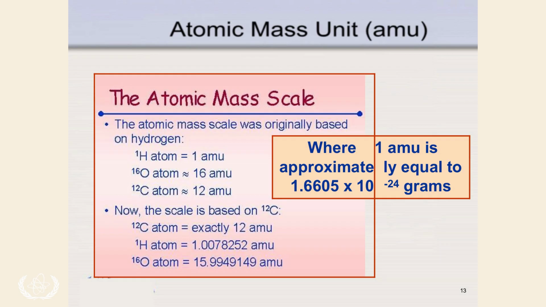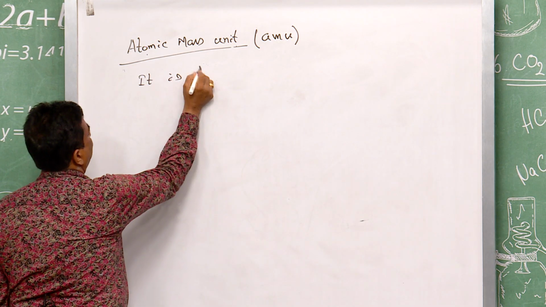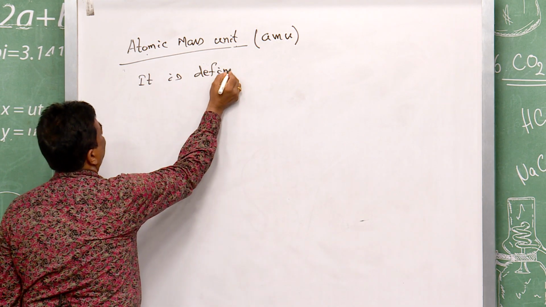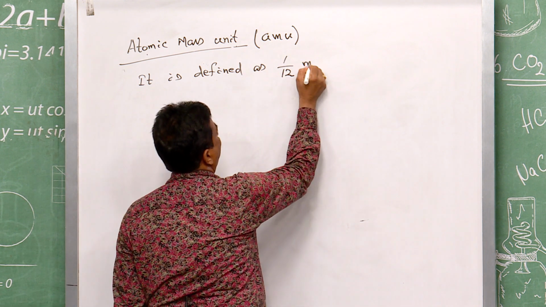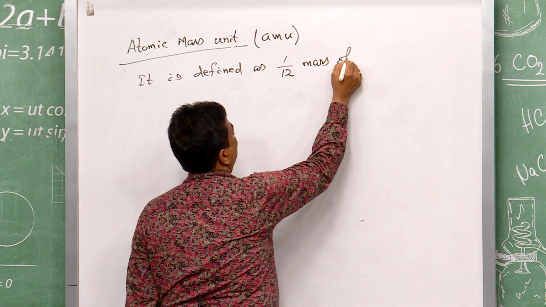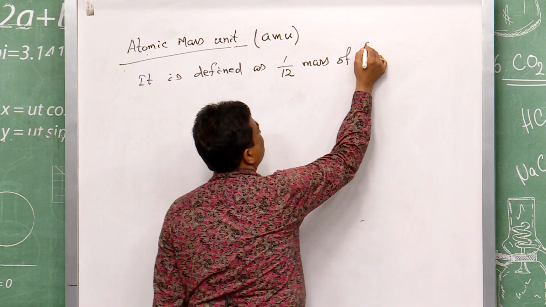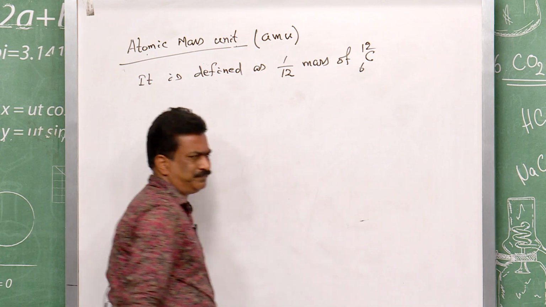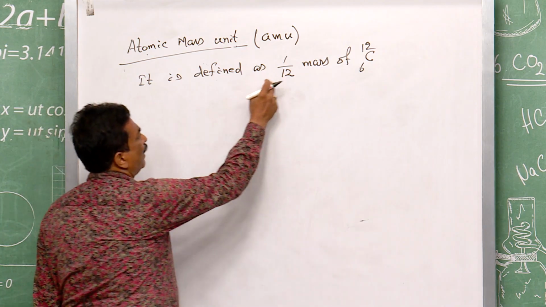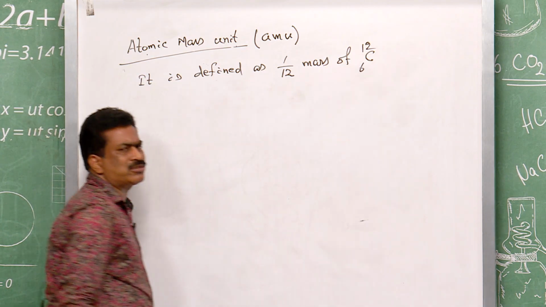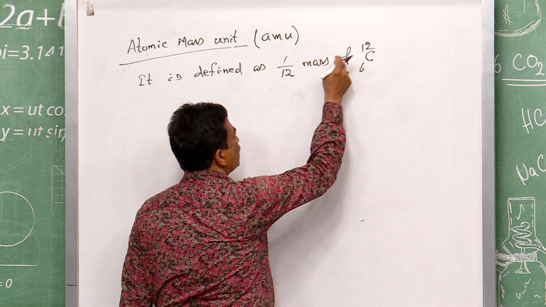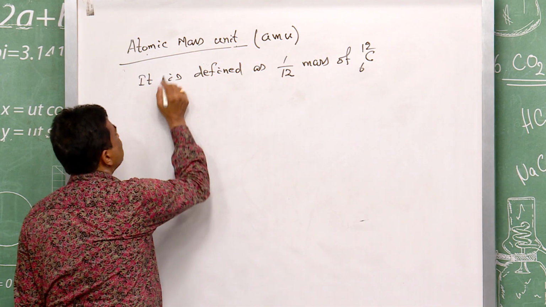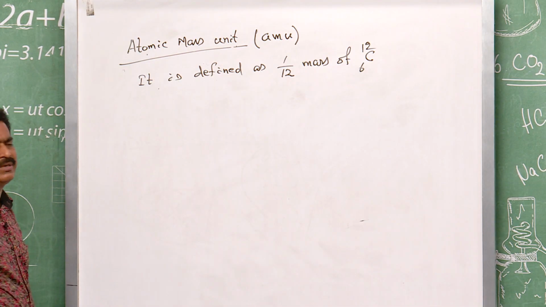And this atomic mass unit is defined as 1/12 mass of C-12. The 1/12 mass of C-12, meaning carbon C-12, its mass 1/12 is taken as the atomic mass unit.